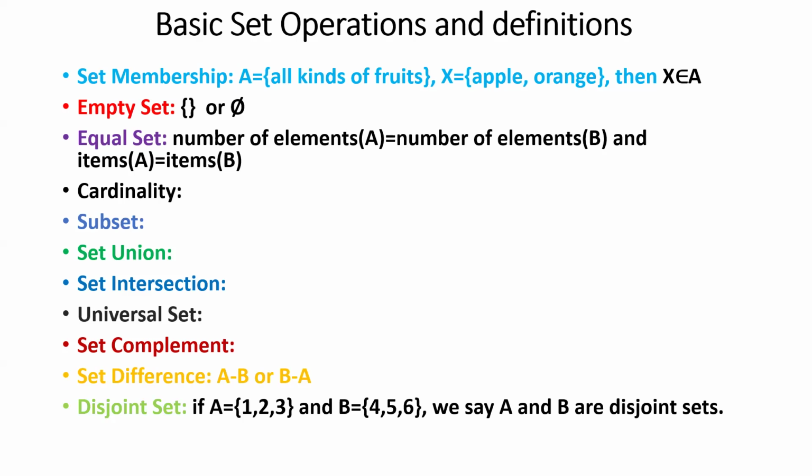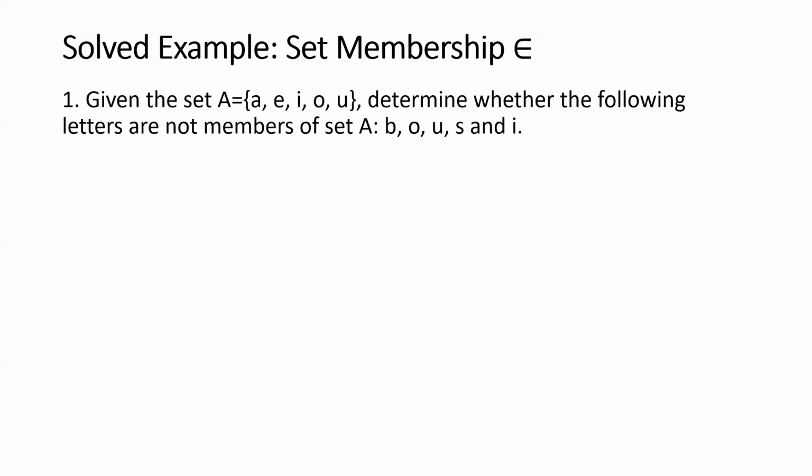For example, if A is equal to {1, 2, 3}, and B is equal to {4, 5, 6}, we say A and B are disjoint sets. Now, let's look at some solved examples.